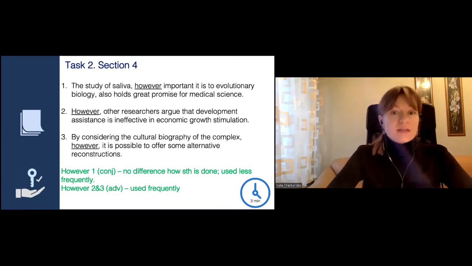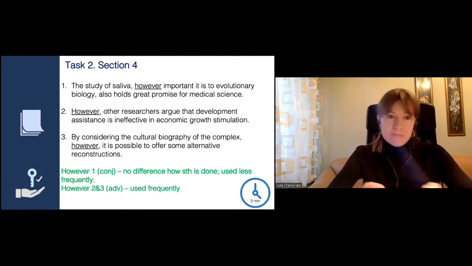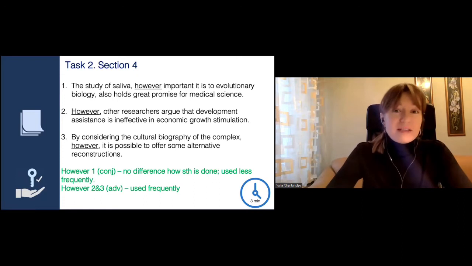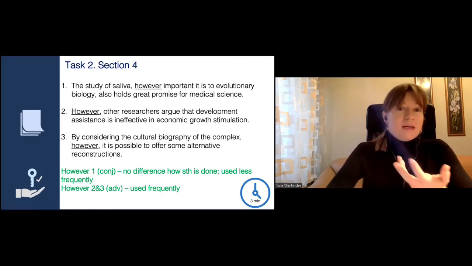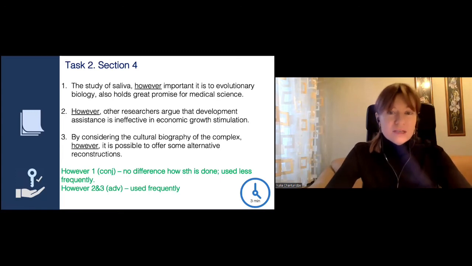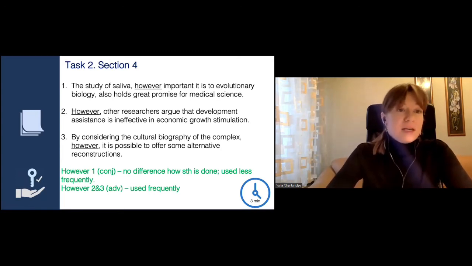And it means that there is no difference how something is done. Like the study of saliva, well, it doesn't matter how important it is to evolutionary biology, holds great promise for medical science. So it has a different meaning here, showing us that there is no difference, not much of a contrast.